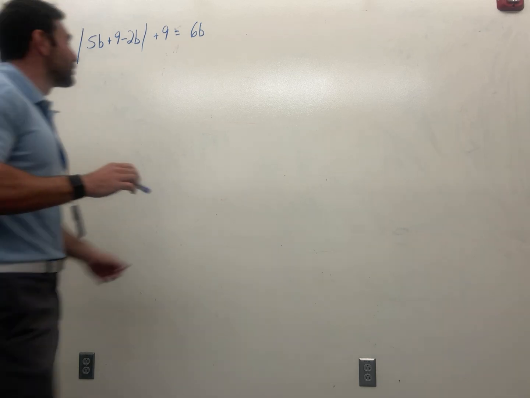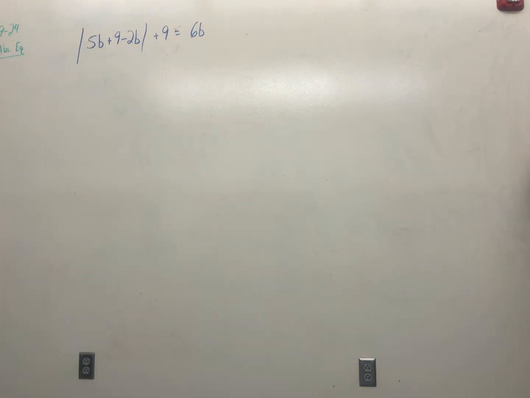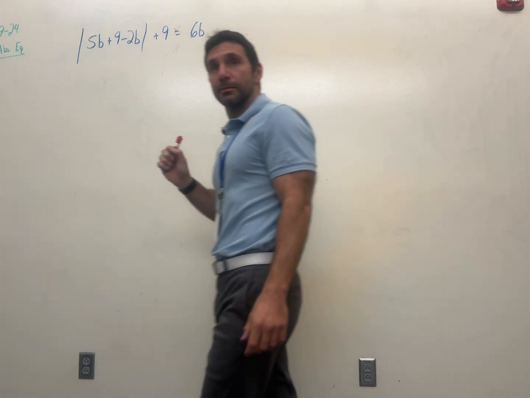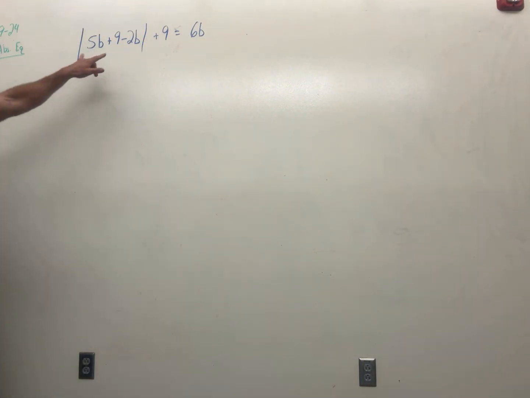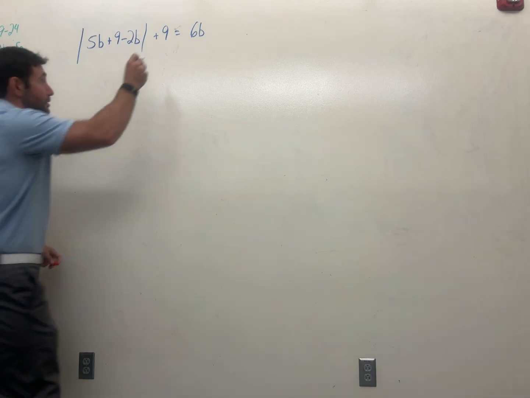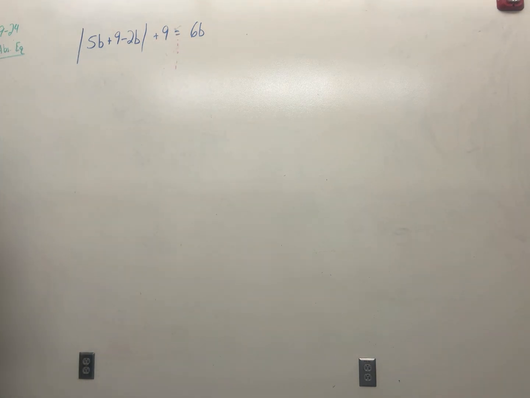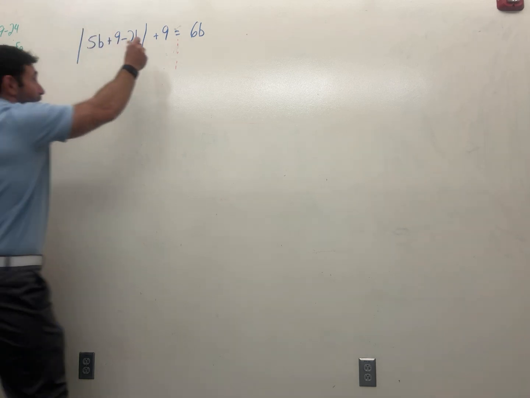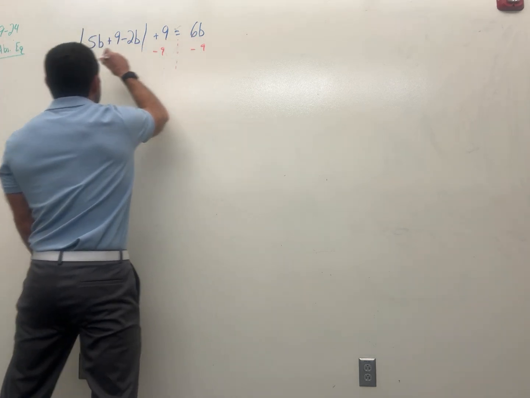So, here we go. First off, is my absolute value isolated? Is it completely by itself on this side? No. Why not, William? Because of the positive 9. Because of the positive 9, so we have to subtract 9 from both sides.